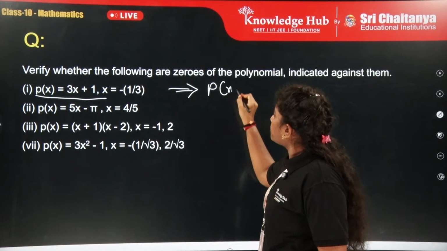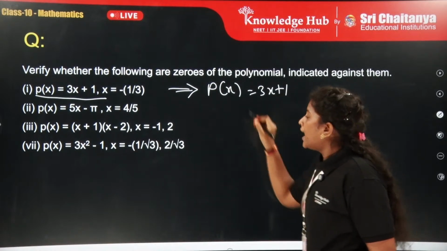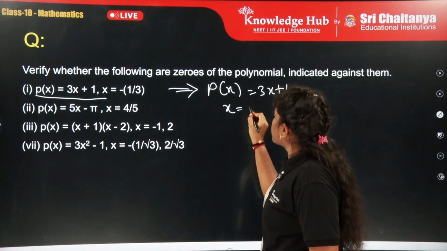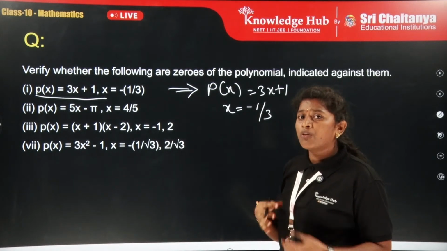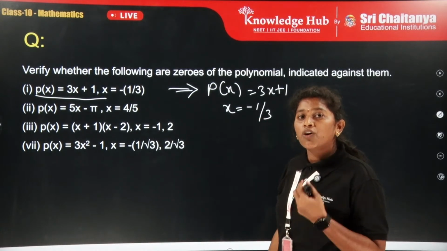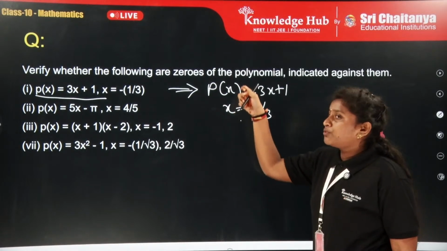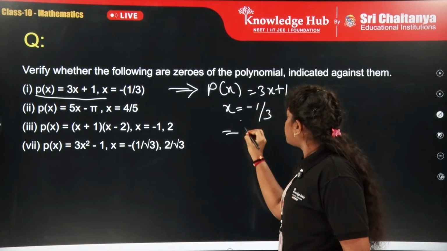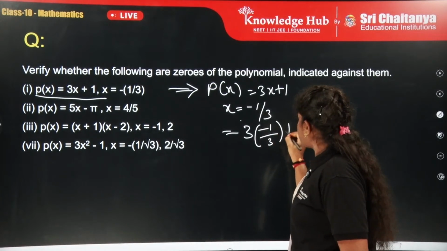The given polynomial is p(x) = 3x + 1, and they gave the x value as minus 1 by 3. How can we verify whether x = -1/3 is the zero of the polynomial or not? First of all, place the given x value in the polynomial and simplify. You get 3 into minus 1 by 3 plus 1.